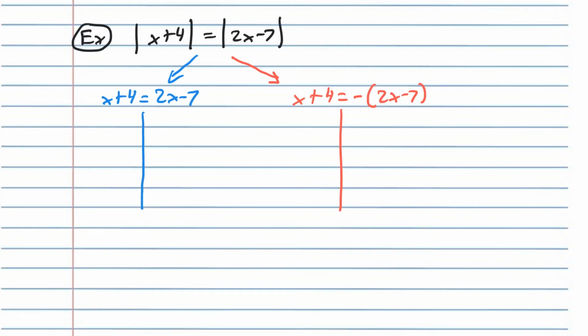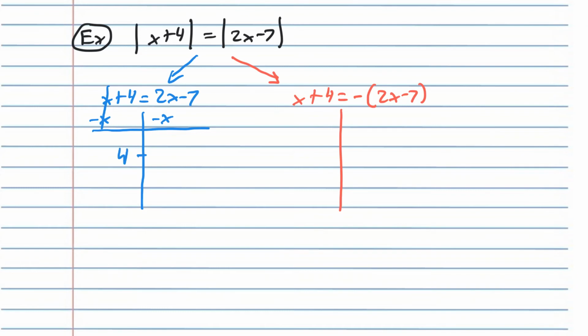Again, we solve these separately. In both of these, we have variables on both sides. So let's do the blue one first. We need to get the variables to one side. It doesn't matter which one you move. You'll get the same answer either way. I always move the smaller one, so I'm going to move this x. It's a positive x, so I'm going to subtract it. Notice I'm lining it up with the x term. X's go with x's. So these cancel out.